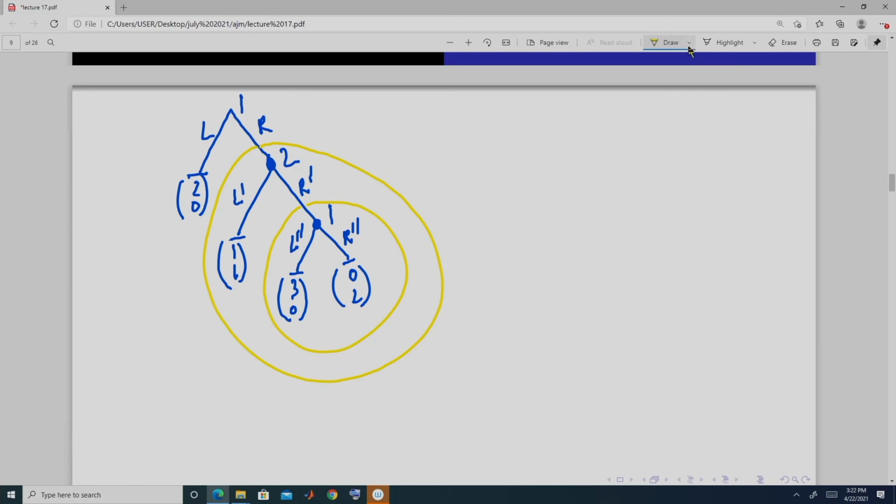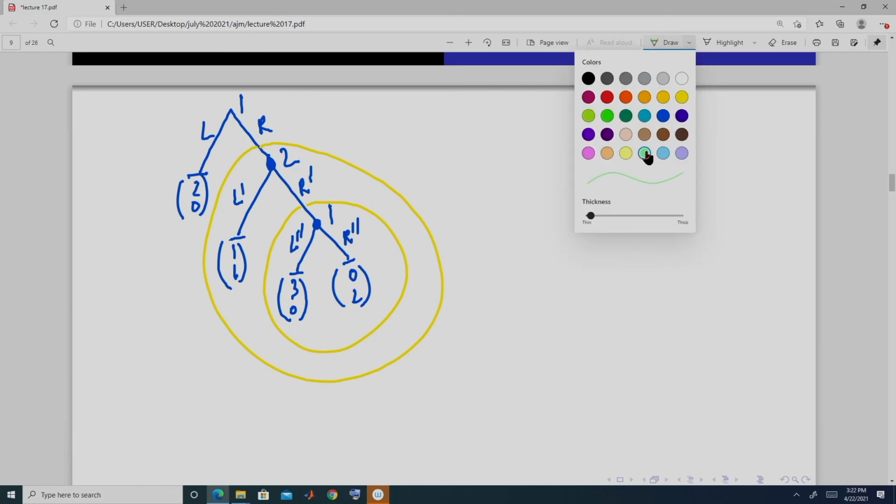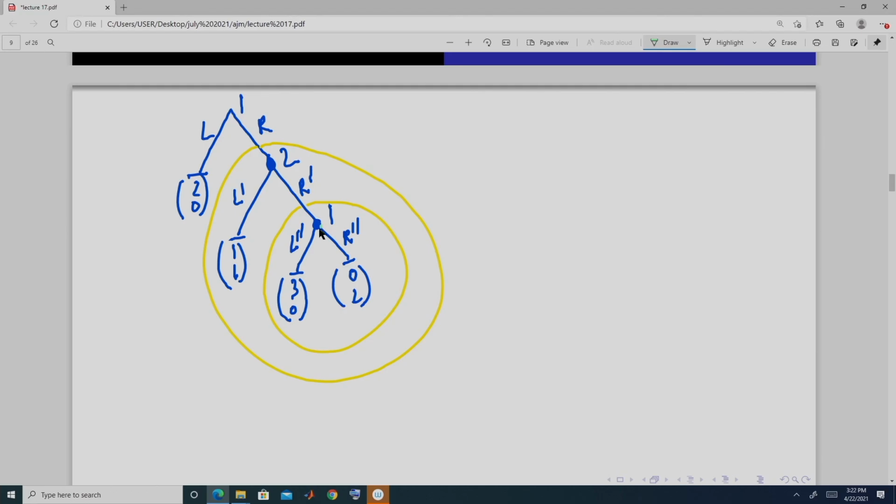Now, here we have to find the Nash. In this subgame, player 1 is always going to choose this. So, player 2 has this if it chooses L dash, 1, and if it chooses R dash, player 1 is going to choose L dash, so it is going to get 0. So, player 2 chooses this, and player 1, if it chooses L, is going to get 2.